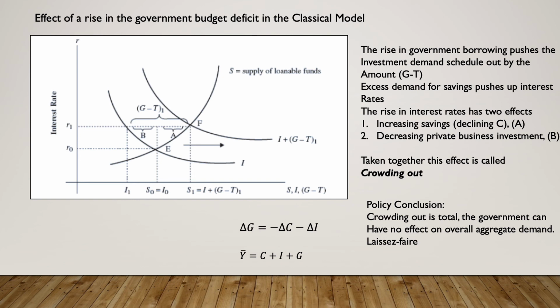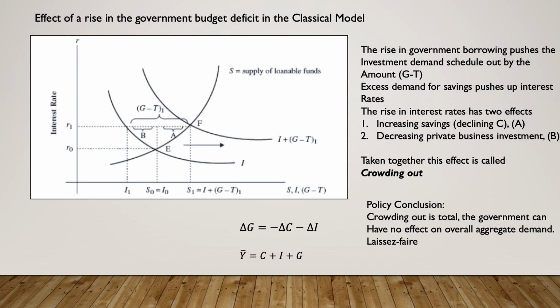And so that amount of reduction in private investment would be bracket B. The rise in interest rate has two effects: increasing savings, bracket A. This comes, notably, in the classical model as a decline in consumption. And decreasing private business investment, bracket B, which is shown to you there. We go from I naught to I1, yeah?